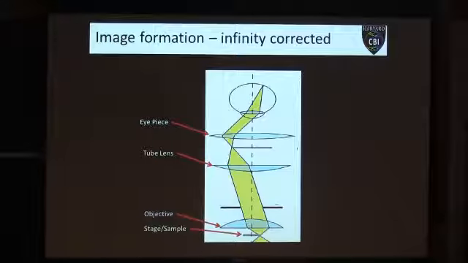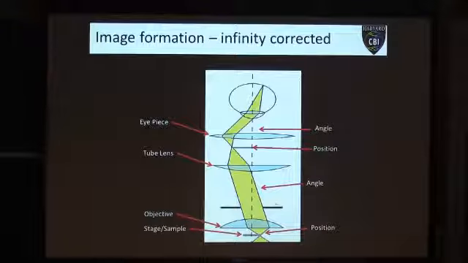And then we have a lens in our eye that takes those parallel rays and converts them back into positions at the back of the retina. So what you're doing is you're going from positional information in your sample to angle information behind the objective, to position information behind the tube lens, to angle information behind the eyepiece, to positional information on your retina.